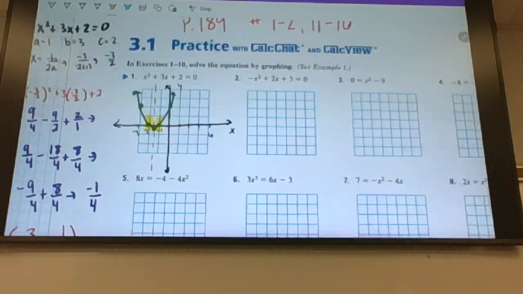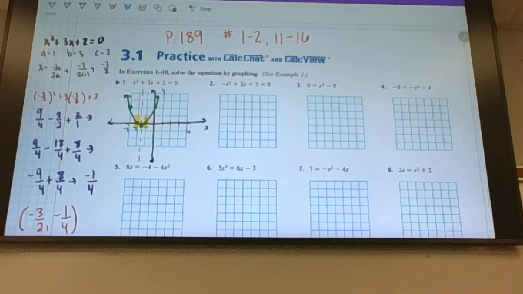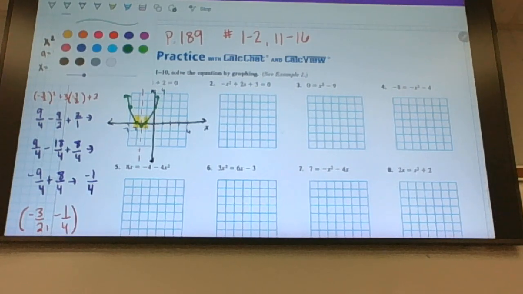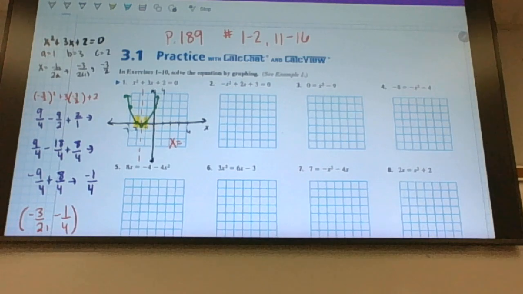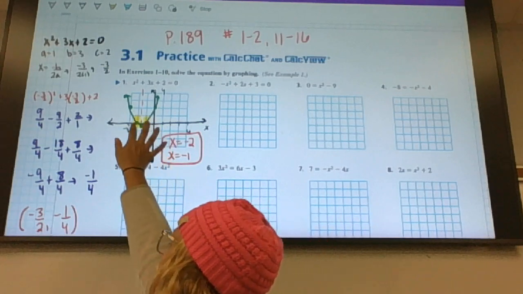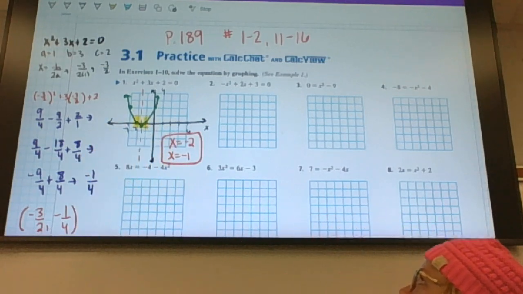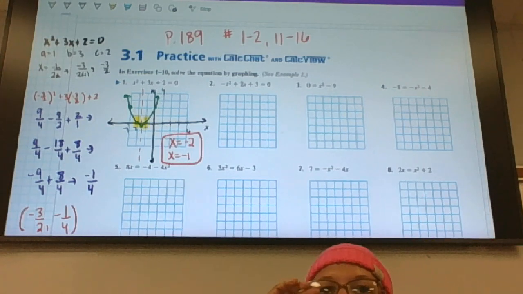Gosh, it's a lot of work to just figure out that the answers are -2 and -1. Okay. So you're graphing with a purpose, and the purpose is identifying the roots or the x-intercepts. So while the graph is the work, the answer is actually what's in the box. The x-intercepts.